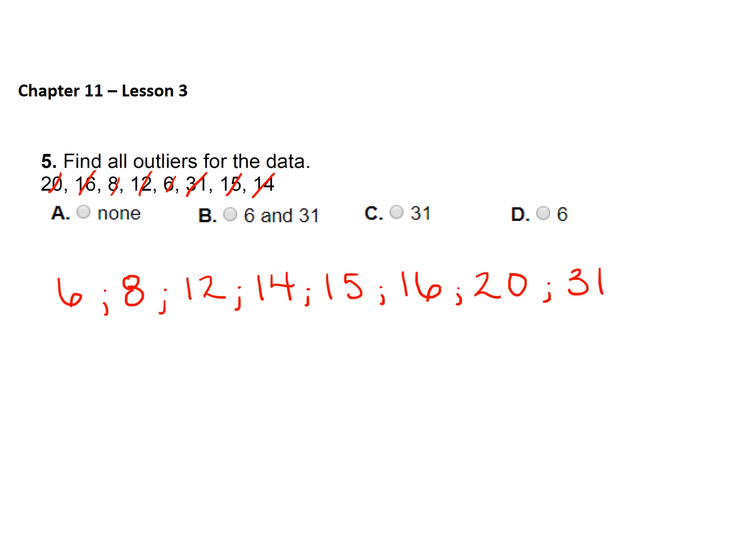All right, next we're going to find the median. So left, left, left, right, right, right, left, right. So our median is going to be right between 14 and 15.